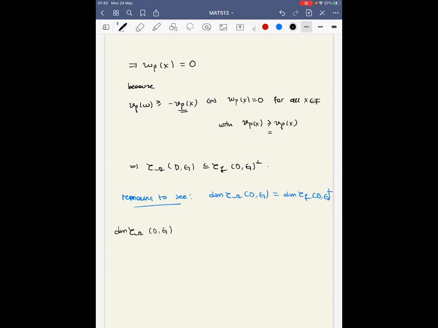And we can easily verify that the dimension of the AG code C omega of D and G can be computed in terms of the index of specialty and by the definitions of the index of specialty.